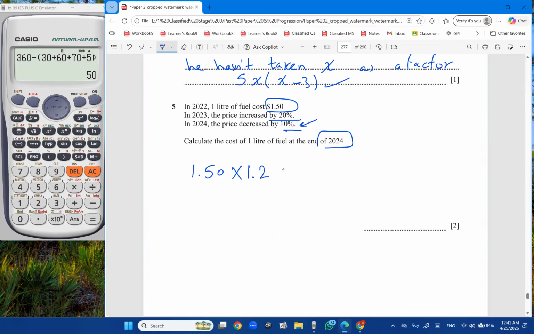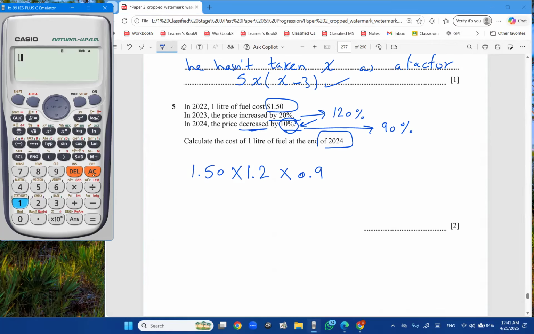This is the multiplier. You find it by adding this number to 100%, which gives you 120%. You divide by 100, which gives 1.2. Then multiply by subtracting the 10% from 100 because it's a decrease, so it is 90%. Dividing by 100 gives you 0.9.